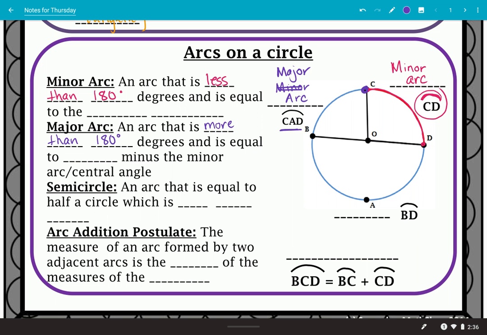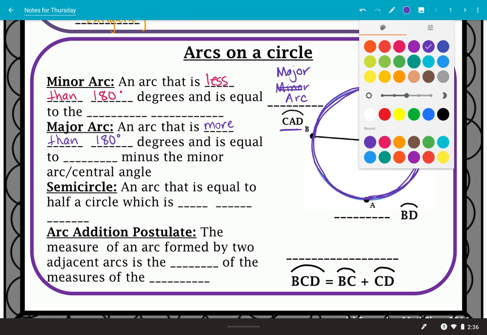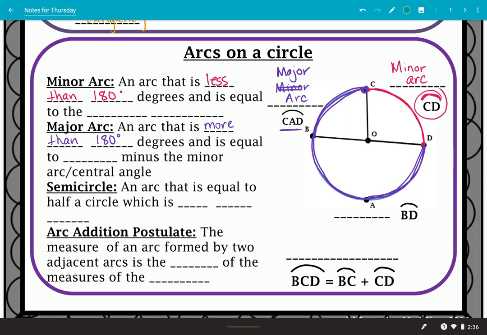And so we start it with C, follow it to A, and then go to D. That is a major arc, okay? Bigger than 180 degrees. Now, when it is exactly 180 degrees, it's called a half circle, a semicircle, which is 180 degrees.